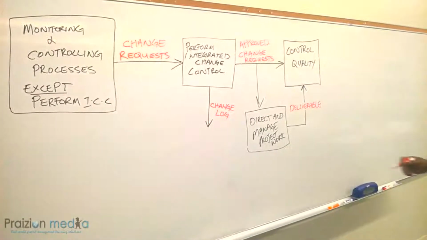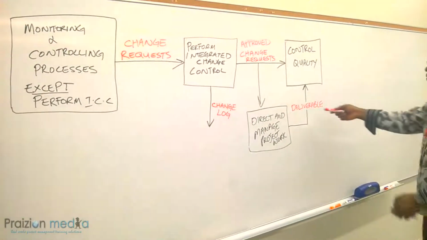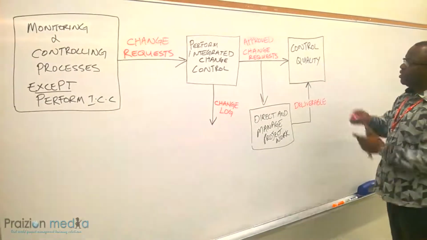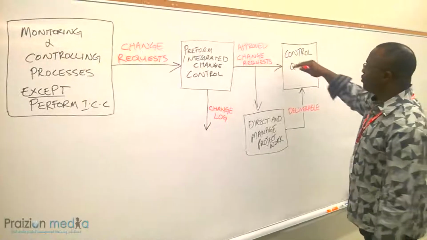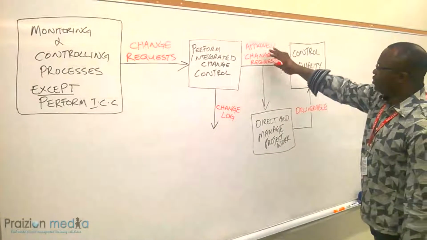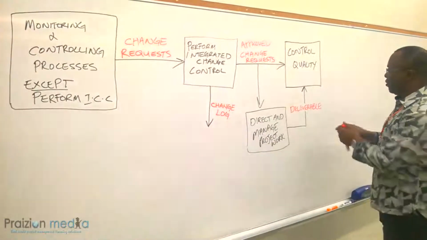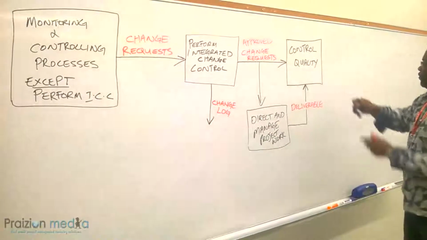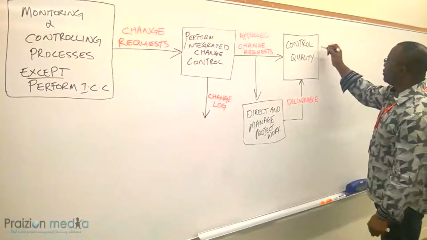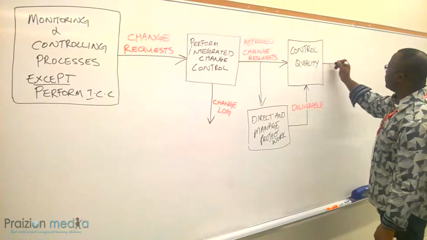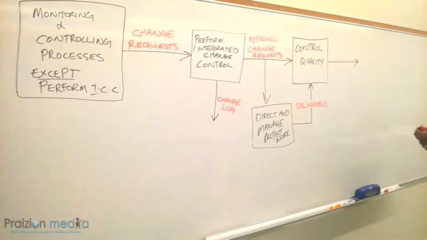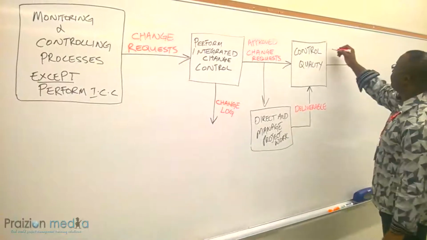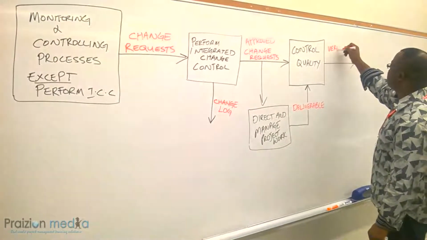Going into control quality. Remember, your deliverable is going to be inspected here, and then you're going to measure up this deliverable with the approved change request to make sure these approved change requests are now in the deliverable. Now, if that's the case, it comes out on this end as something called a verified deliverable.